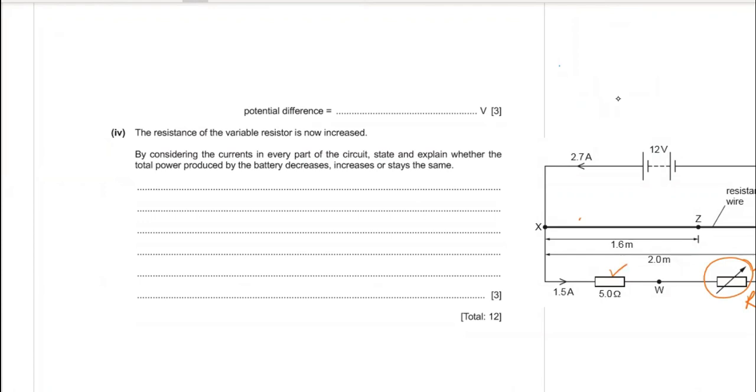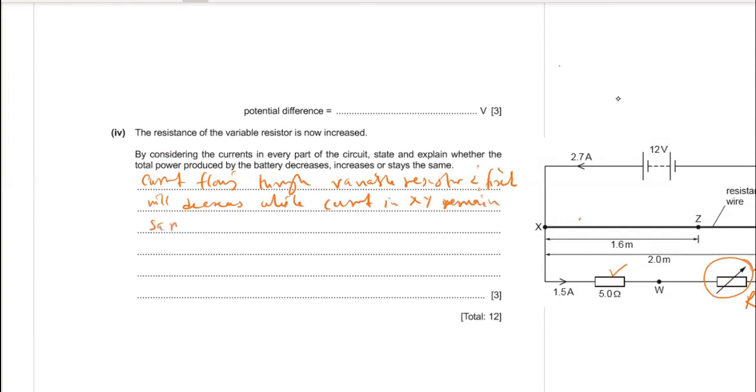So the current flowing through the variable resistor, of course, and the fixed resistor will decrease, while the current flowing in the resistance wire XY will remain the same.